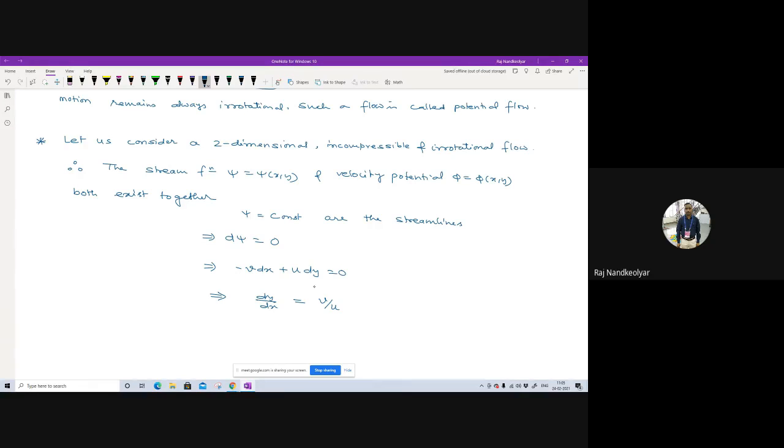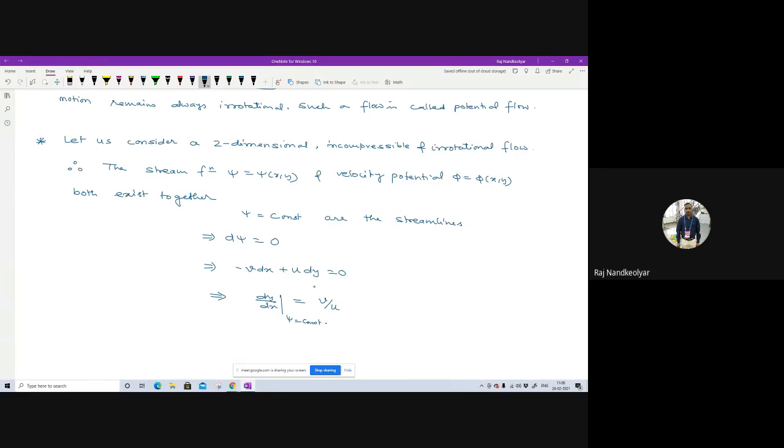This psi equal to constant is actually a family of curves, and this is the differential equation from where you are getting this solution. So dy/dx is the slope of this psi equal to constant family of curves. This is nothing but the slope of psi equal to constant.